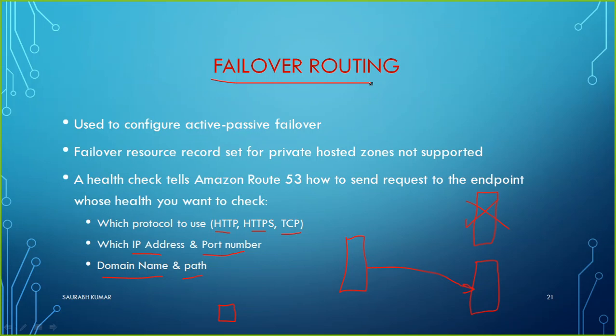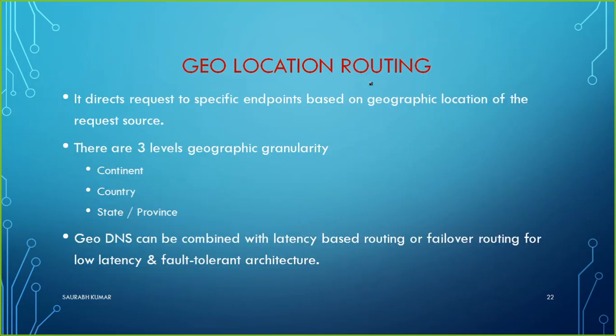And the last, which is very interesting, and nowadays most DNS servers like to have it, even AWS already has it, and Google uses it, is called geolocation routing. What geolocation routing means is, for example, let's say I am sitting in Delhi, which is a city in India.